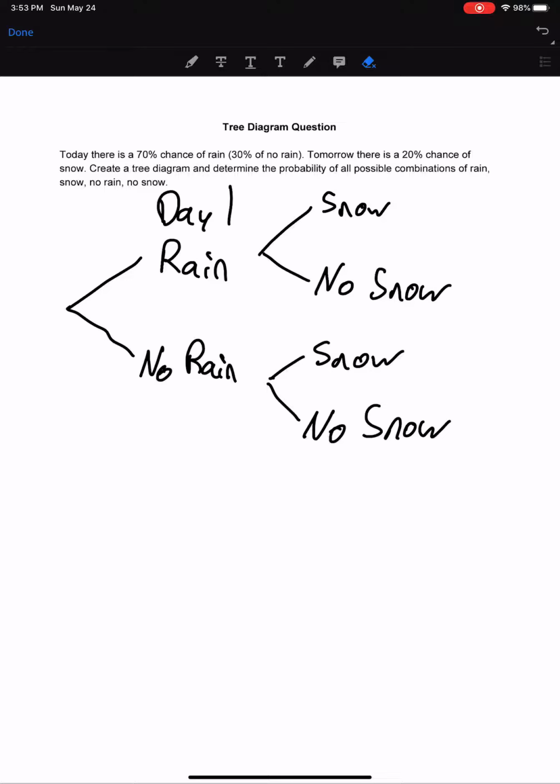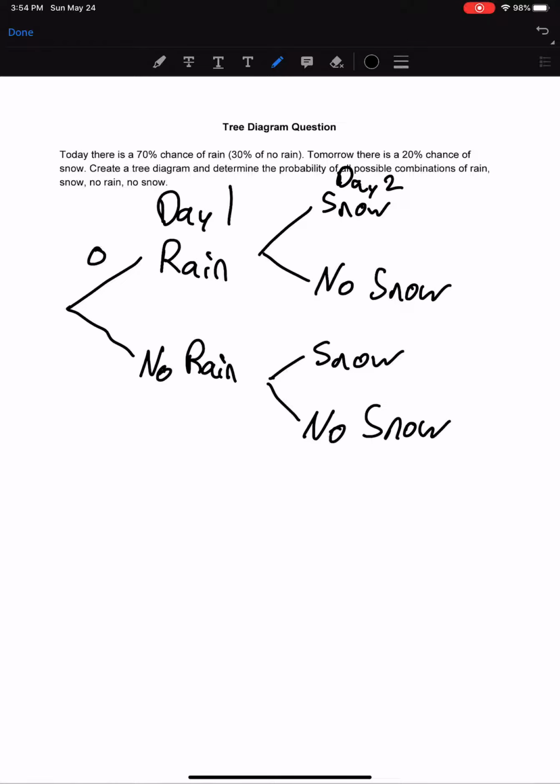I'll just throw in a day two up here as well. So to implement the probabilities, what we can do is rain and no rain don't actually have a 50-50 chance as it might look like right now with the tree diagram. You can actually label the parts of your tree diagram with the actual probability.